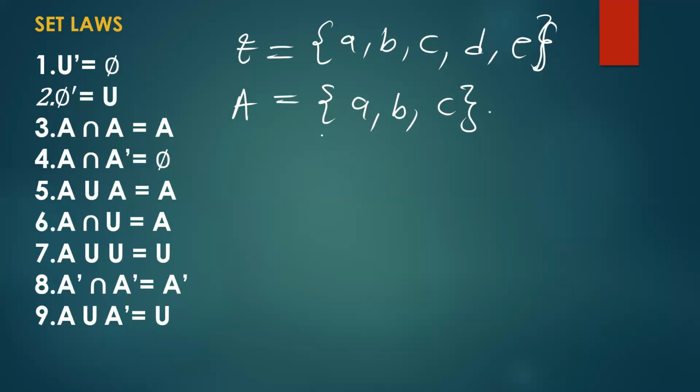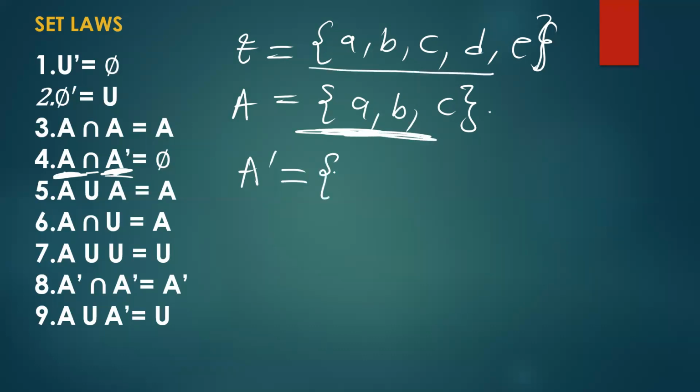So now this is our A, and we're trying to find A intersection A complement. We already have A there, so let us find A complement. A complement is simply what is not in set A, but is present in the universal set. So what letters are those? We have d and e. So d and e are the members of A complement.